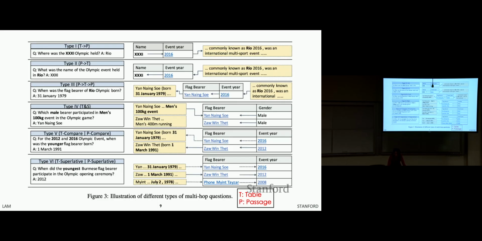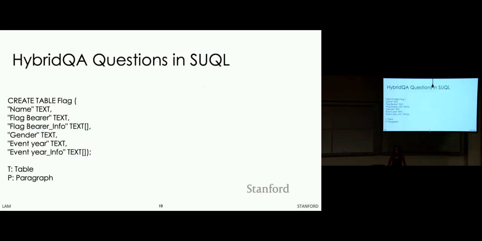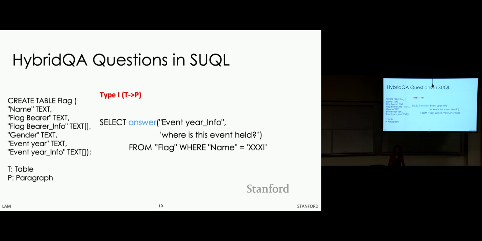So what I want to do is to see if you know how to write SUQL statements. I want to get you thinking about this. And again, it is kind of hard to write SQL statements, so I'm going to give you a SQL statement, and you tell me what the English is. What is this? You start from the bottom. Okay.